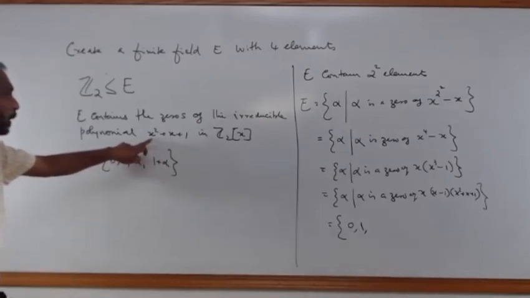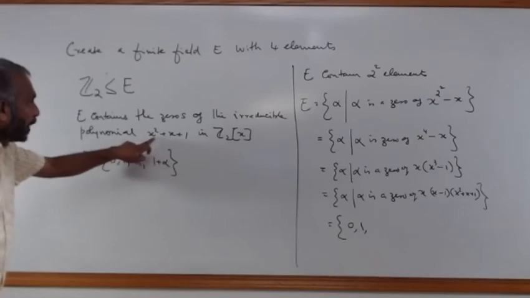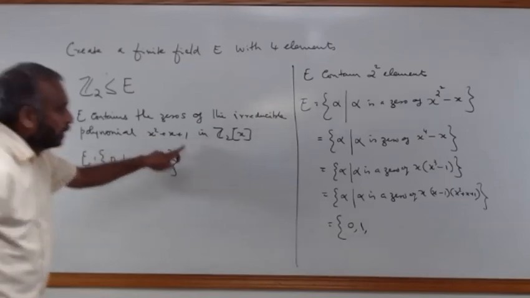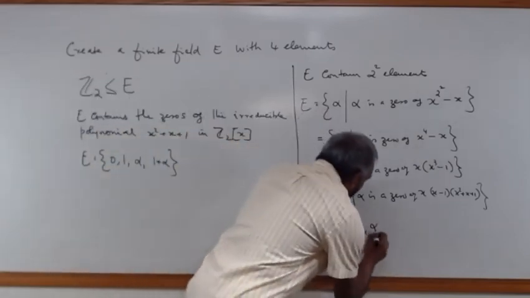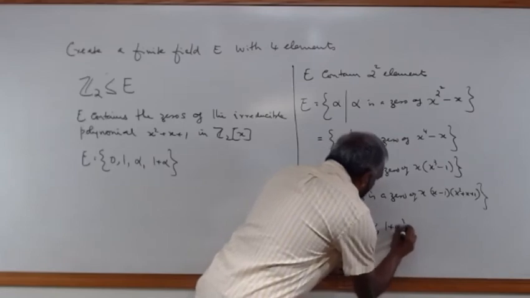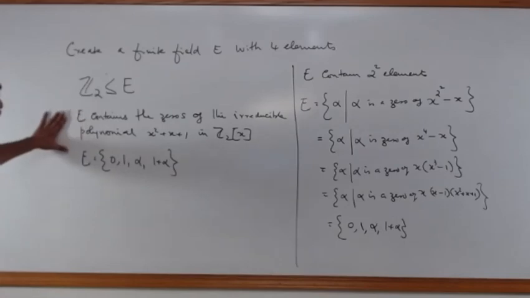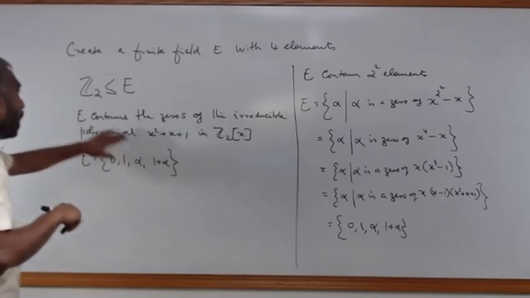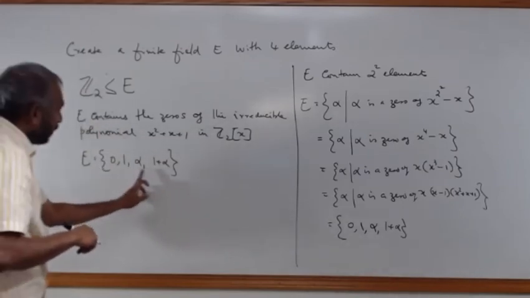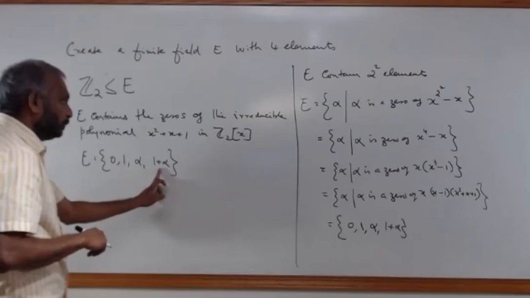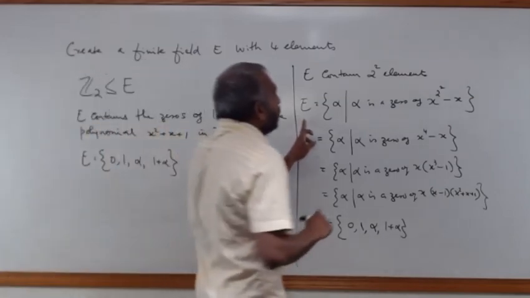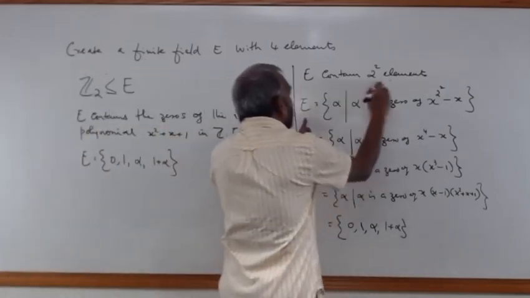And the zeros of x square plus x plus 1 are alpha and 1 plus alpha. Here what we did is, we are trying to find the elements outside Z2, that is alpha and 1 plus alpha.